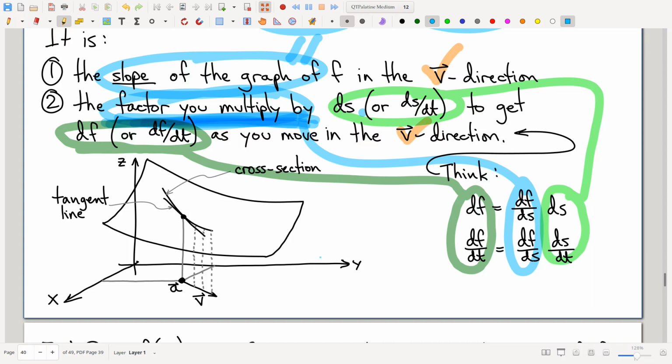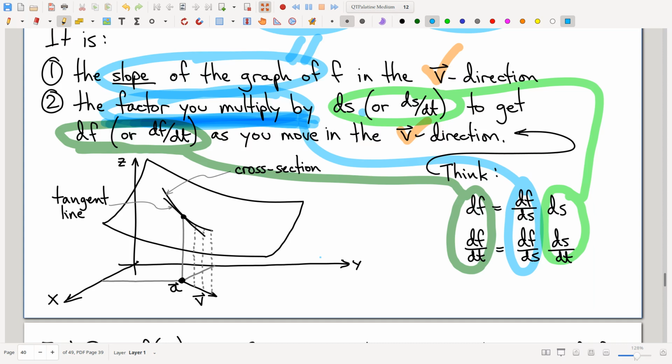Well, there's a couple of different things I could have meant by that. One is, per unit time, how fast is my altitude changing? In other words, what's the rate of change of my altitude with respect to the clock? Am I gaining 50 feet of altitude per minute, or 10 feet per minute?